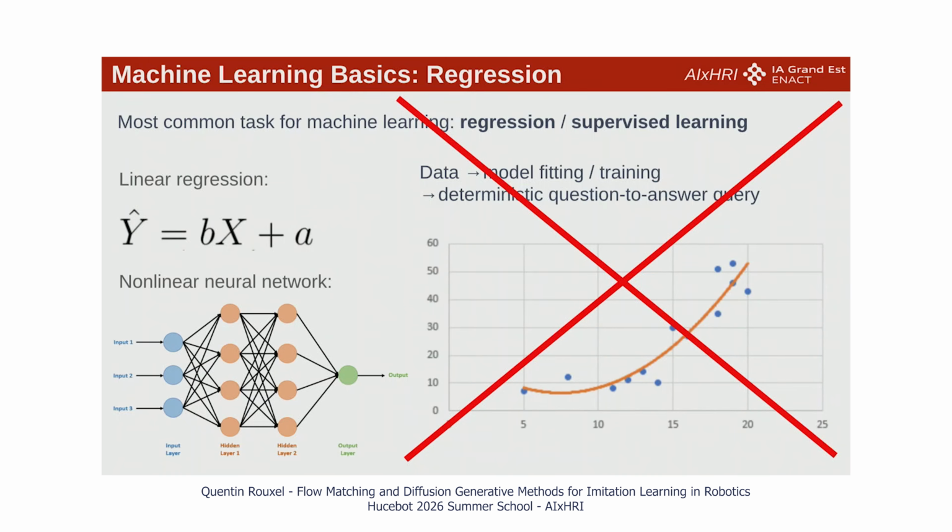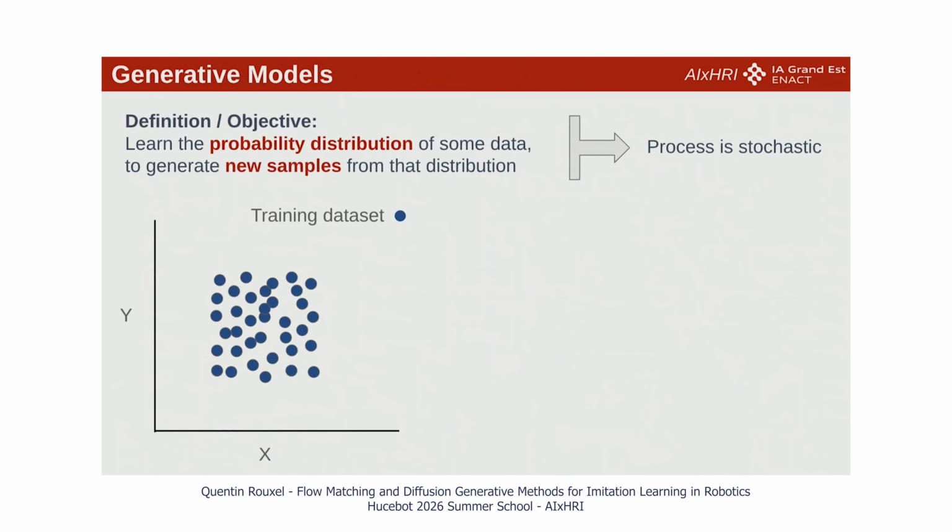It's really important to understand that the generative problem is a different kind of problem than this simple question-to-answer deterministic problem. What we are really trying to do is about probability. Let's say we have some data that are taken from a probability distribution.